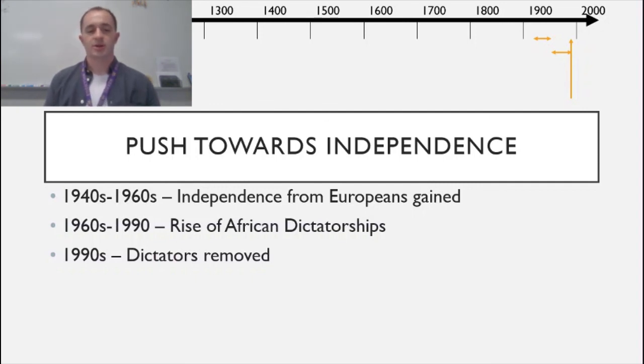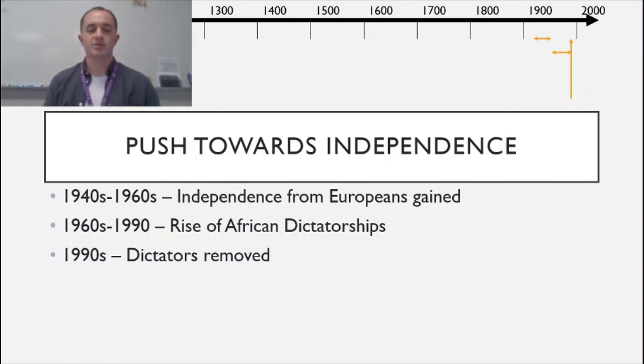And so this goes on from about the 1960s and 70s to about 1990, where we start to see, in the early 1990s, a lot of these dictators get removed and elected governments put into place. So, 1990s: dictators removed.